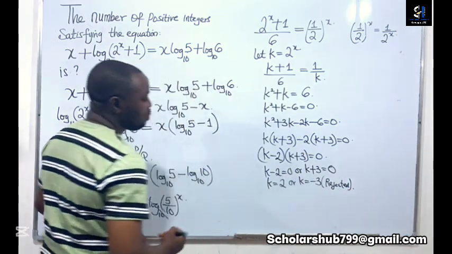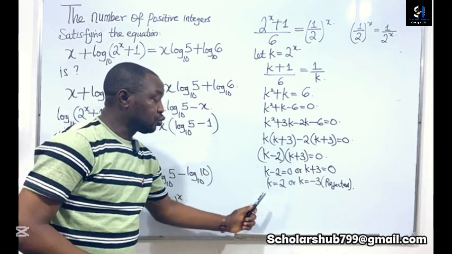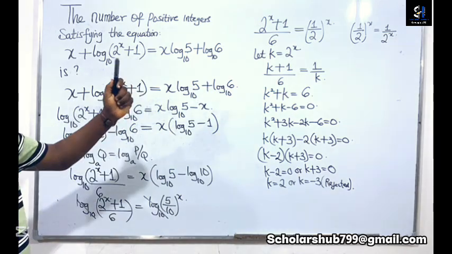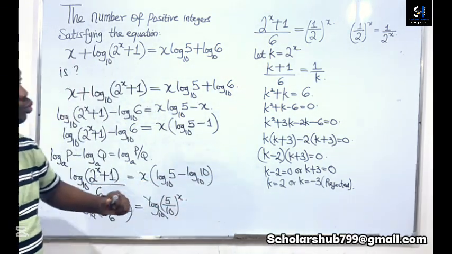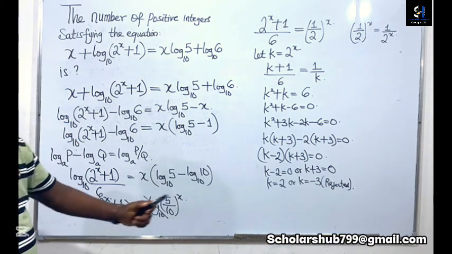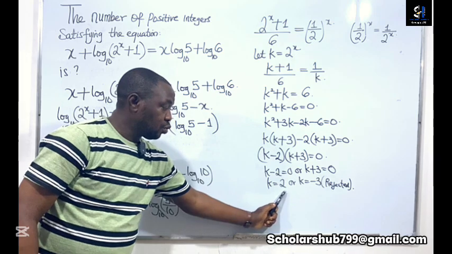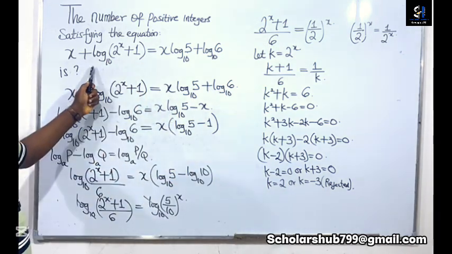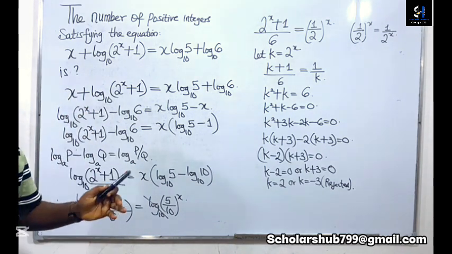So the only value of k that can be used to solve for the value of x is k equals 2. So the value of x that we're going to get using k equals 2 will be the only solution to this question, and it must be positive.